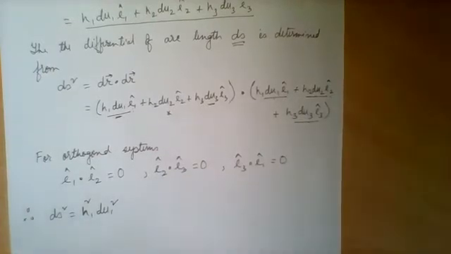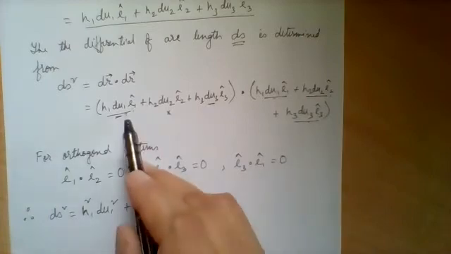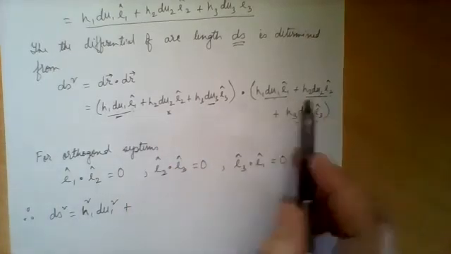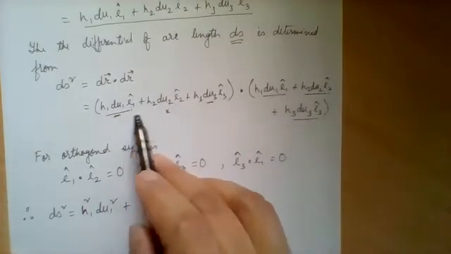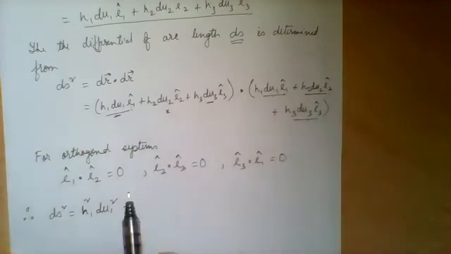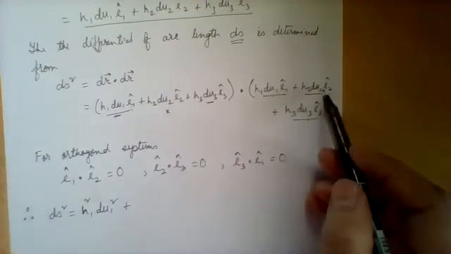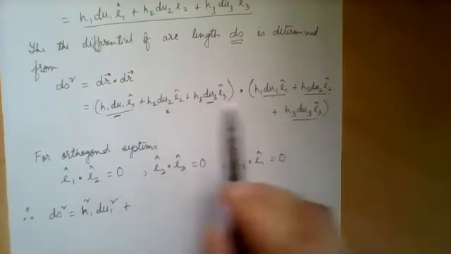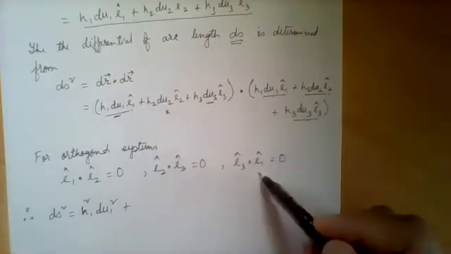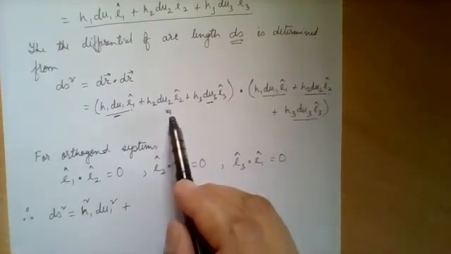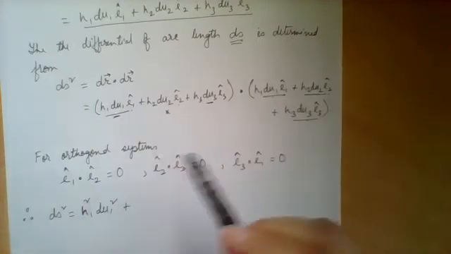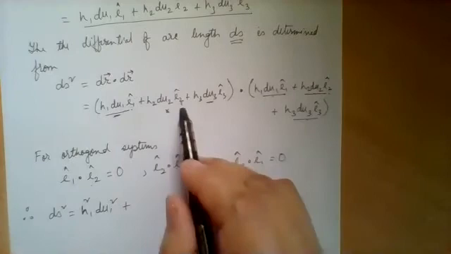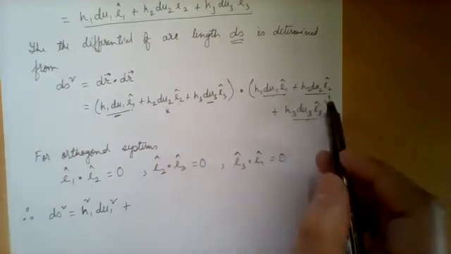Then the h1 h2 du1 du2 e1 dot e2 term is 0, the e1 dot e3 term is 0, and the other cross terms are 0 as well.